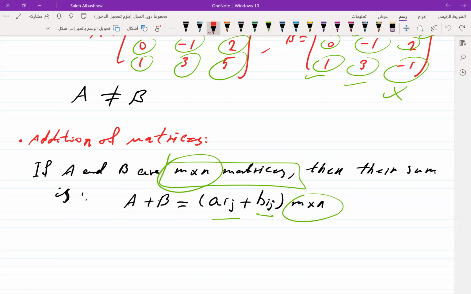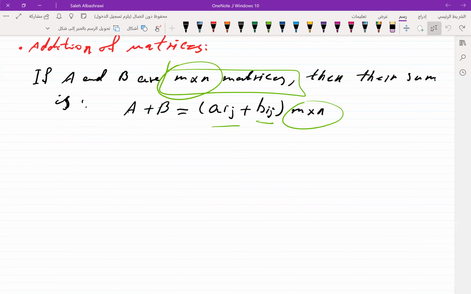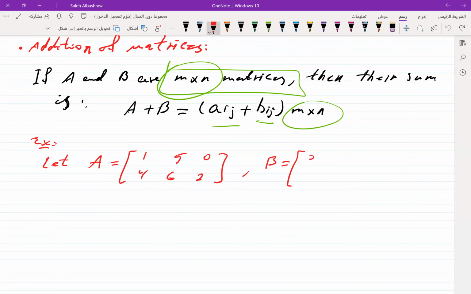For example, let A be 1, 4, 5, 6, 0, and 2, and B equal to 0, minus 7, 9, 8, 1, and 10.